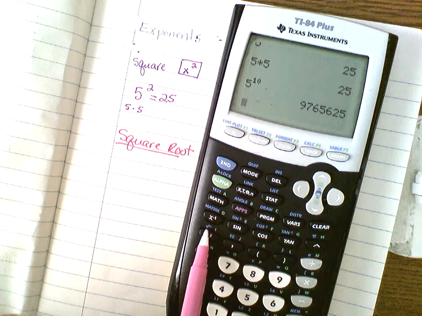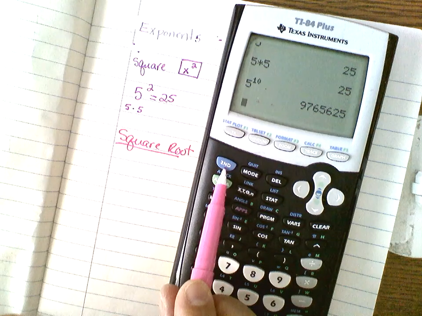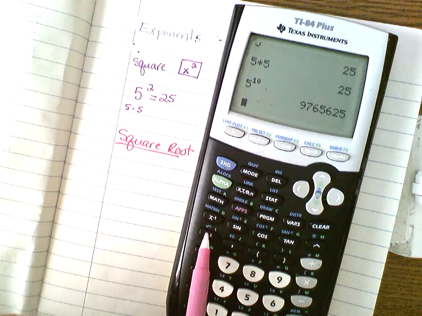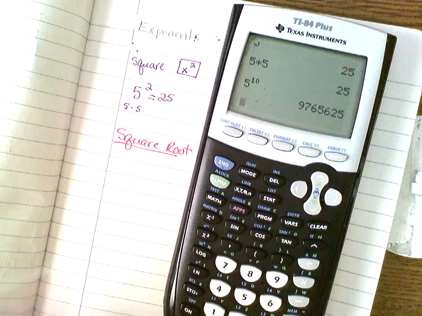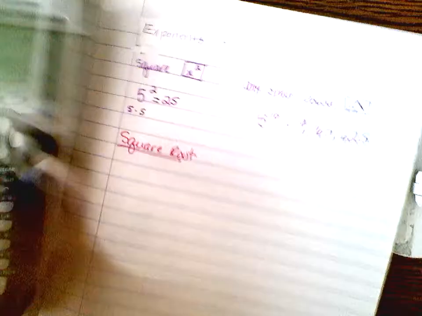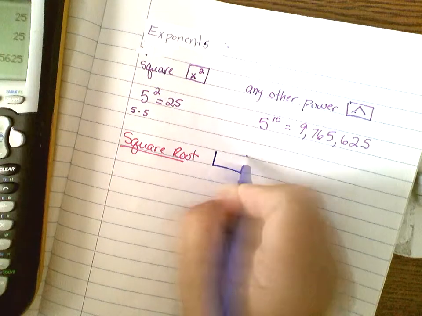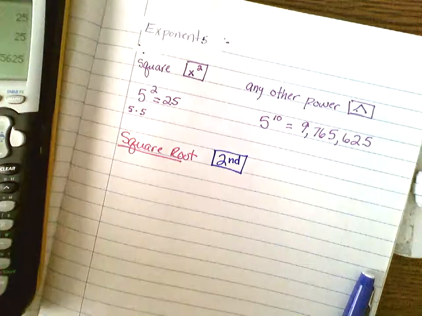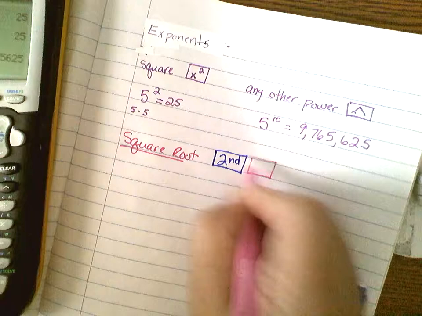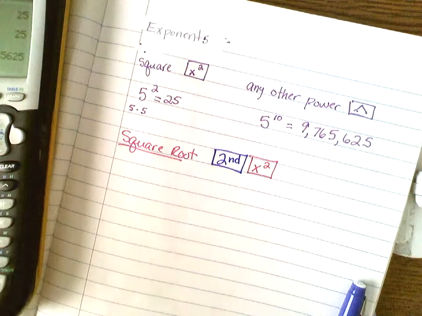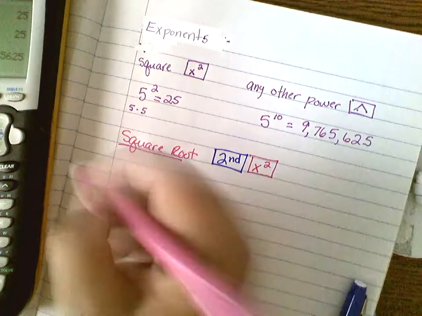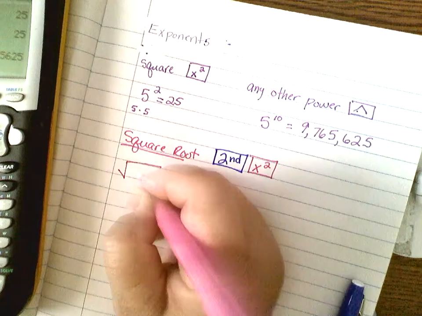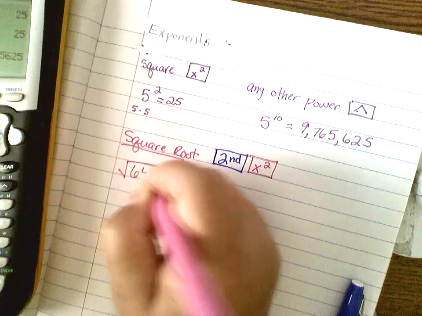The square root symbol. So again, a reminder, you press the blue second button and then the x squared button. So let's write that in our notes. To take the square root, we're going to press the blue second button, and then we will press the x squared button.